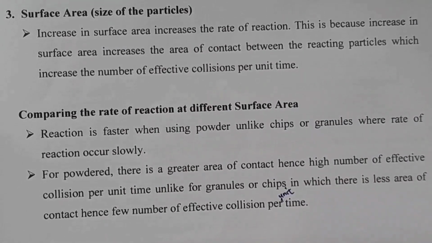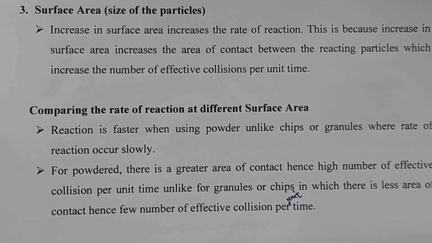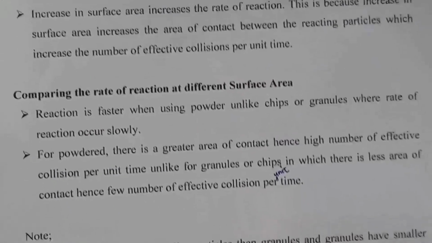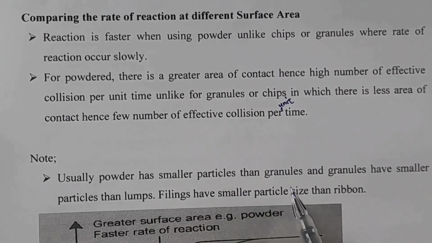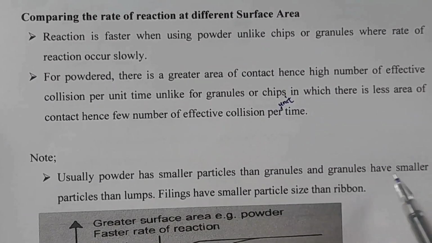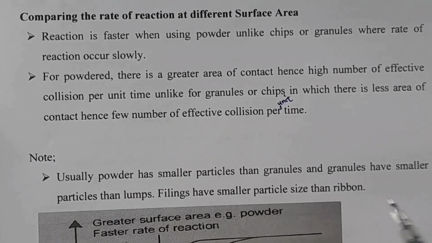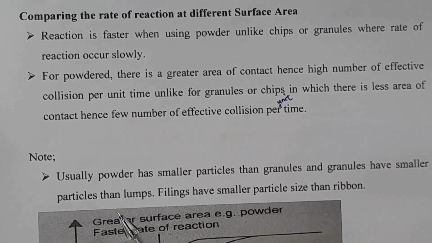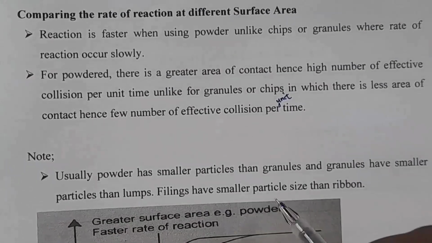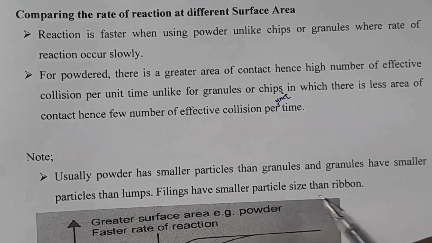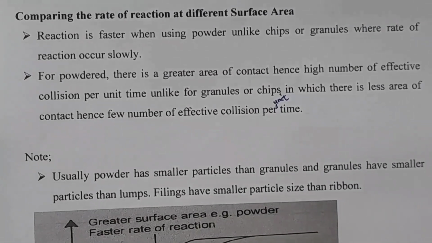Okay, next, note: usually powder has smaller particles than granules, granules have smaller particles than lumps, and we are told filings have smaller particle size than ribbons. You have to know that.